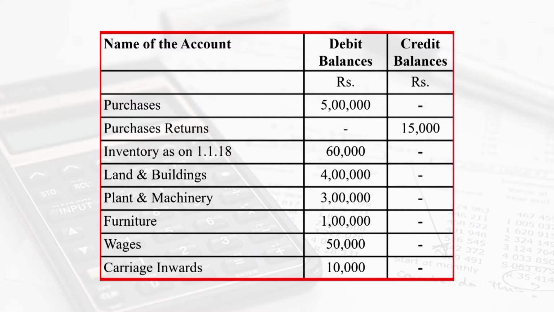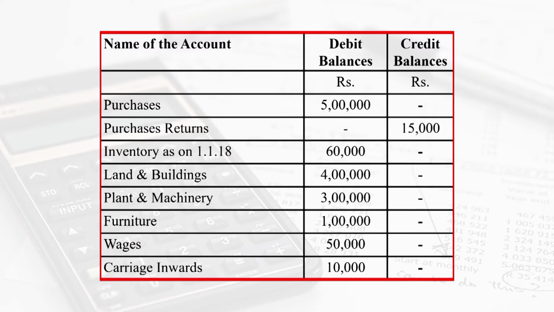Then the next one is inventory as on 1st January 2018. It means this is the opening stock which we have been provided with. Opening stock is rupees 60,000. As opening stock is an asset for the business, and assets always have a debit balance.